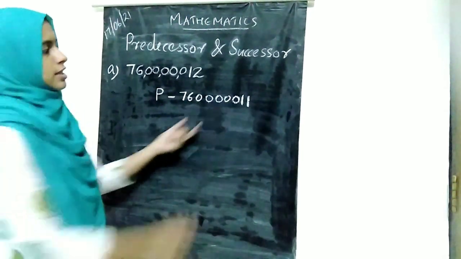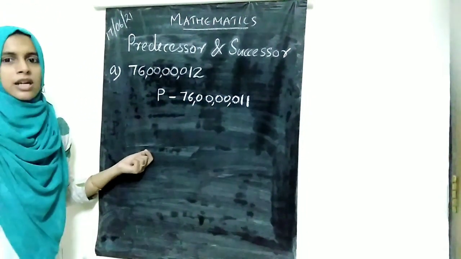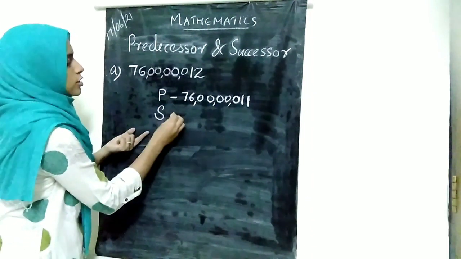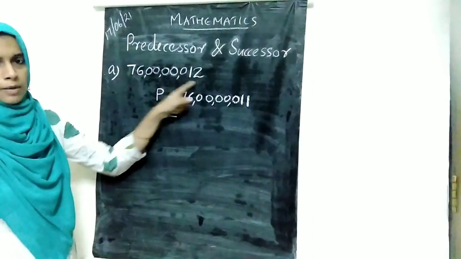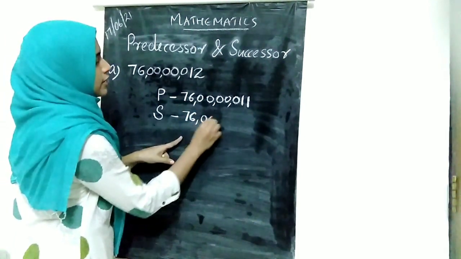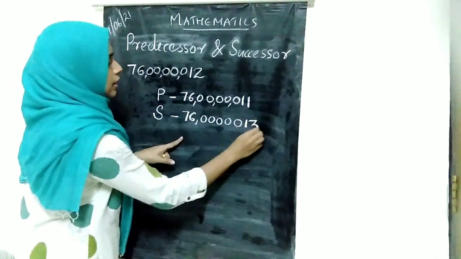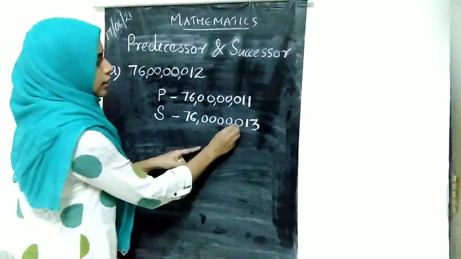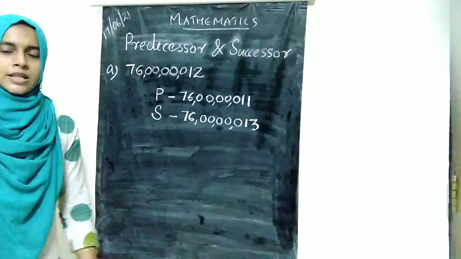So 76 crore 11 is the predecessor. Then the successor: you add 1 to this number, so you get 76 crore 13. 12 plus 1 is 13. Is it easy now?